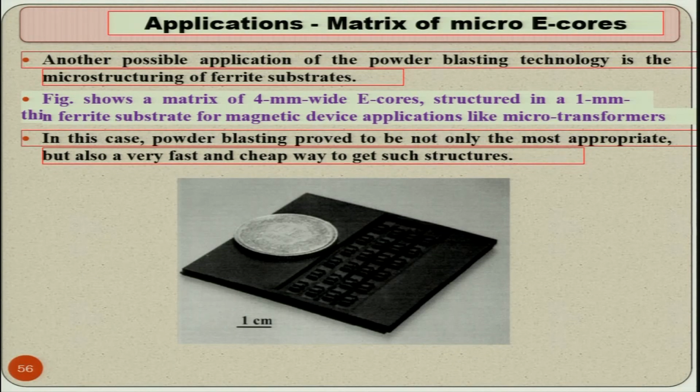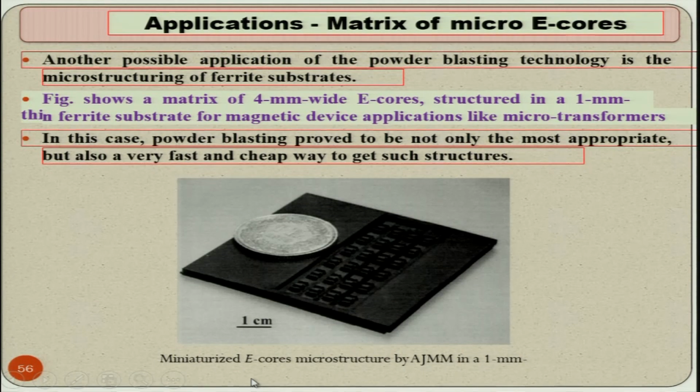You can use for such kind of feature creation processes like electrochemical micromachining, electric discharge micromachining, laser beam micromachining and so on. But their initial equipment cost is very high and machining cost is also very high. So, from that point of view you can clearly see it is correctly written that it is very fast and comparatively low cost as compared to other well known micromachining processes.